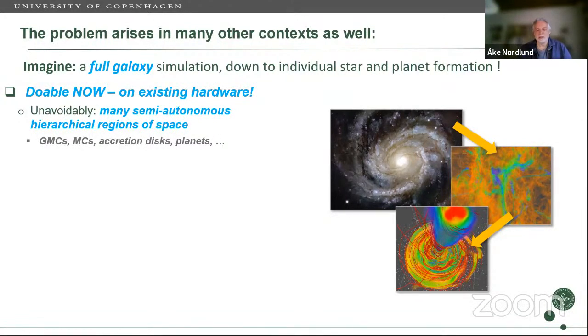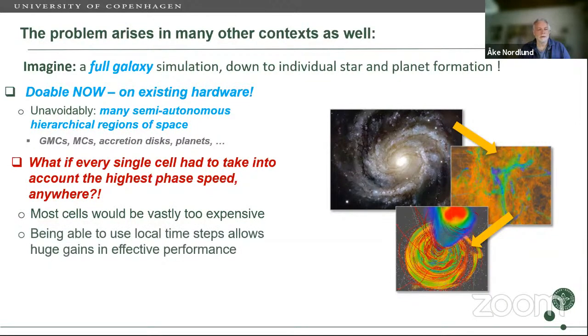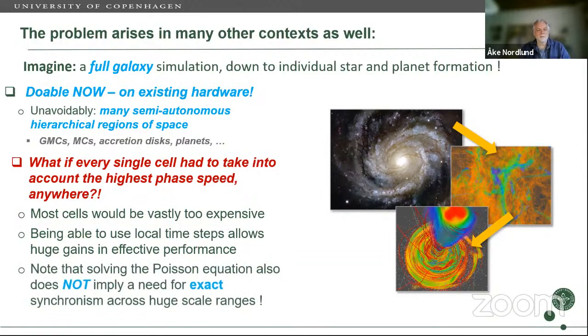Nevertheless, each one of them would have to respect the very worst phase speed anywhere in this huge simulation. That's, of course, ridiculous. Most cells would be wasting enormous amounts of computing time. So being able to use local time steps would allow a huge gain in effective performance.